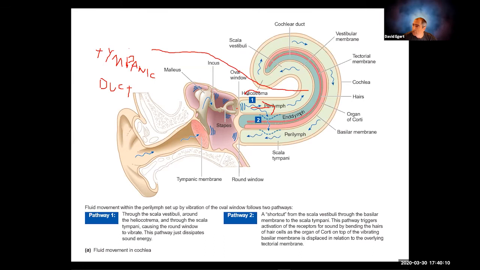This helicotrema, that's like the very tip of the snail. That's where the signal kind of comes back down the other side, which is going to be called, they're saying scala tympani. You can also call it tympanic duct.